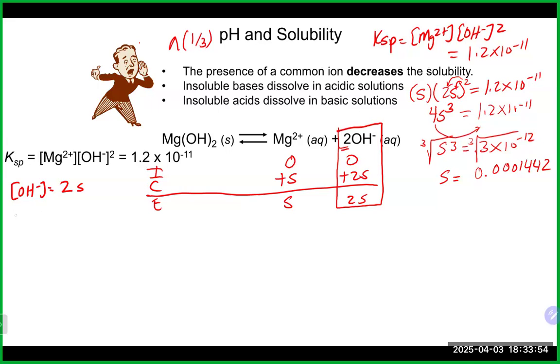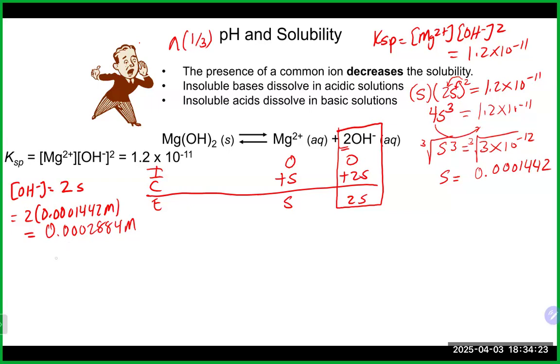So if we take that value there, 2 times 0.001442, that will give us our hydroxide concentration. If I hit all the numbers before I hit equals, that would be good. Let's try that. There you go. It's almost right. 0.002884 molar.